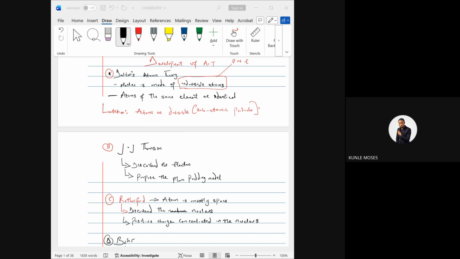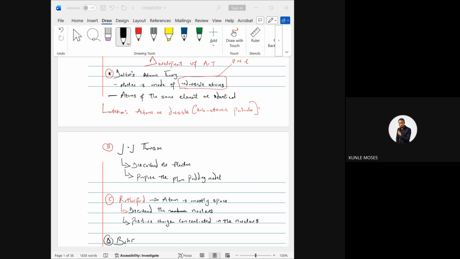Matter is made up of indivisible atoms. Atoms of the same element are identical. They're like family. Are you done with that? The limitation is that atoms are divisible. We said atoms are made of particles: proton, neutron, and electron, right? So that means they are divisible.